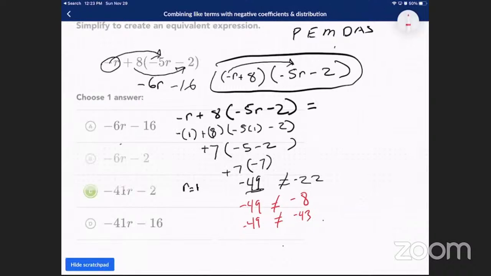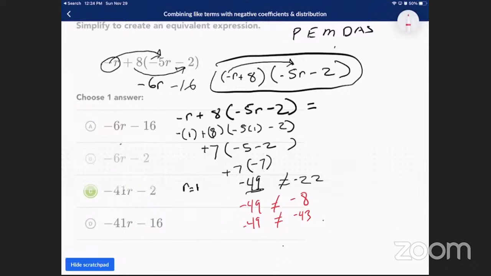Now, and then you have the -41. -41r minus 16, it doesn't look like it's going to work.